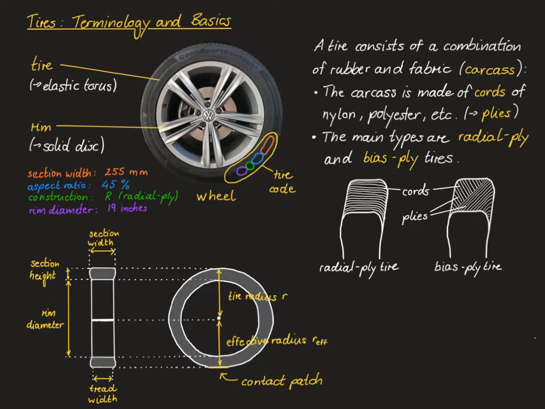As an immediate consequence, the tire radius at an unloaded point of the tire is not the same as the effective radius at the loaded point of the tire. In fact, the effective radius is somewhat smaller than the tire radius due to the load on the tire.